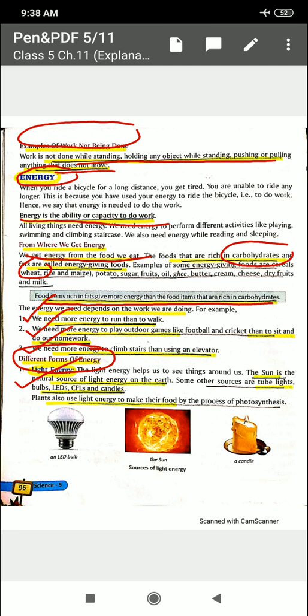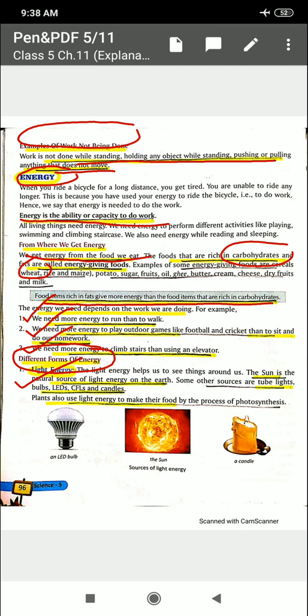We need more energy to climb up and down stairs than to use the lift or elevator. We need more energy to play outdoor games as compared to indoor games or to sit and study. After that, I told you about the different forms of energy which we use in our daily life.